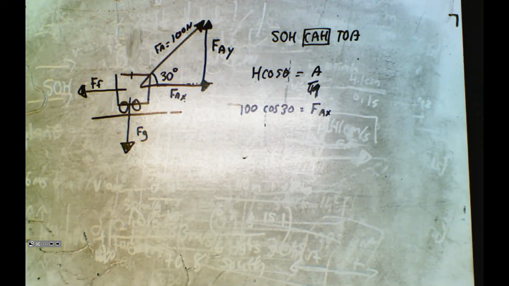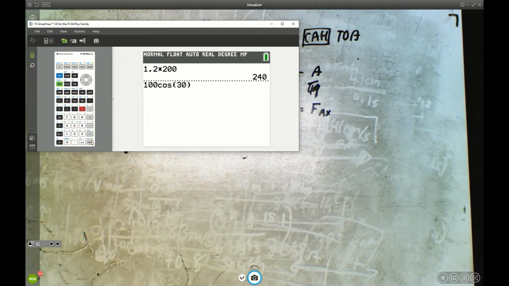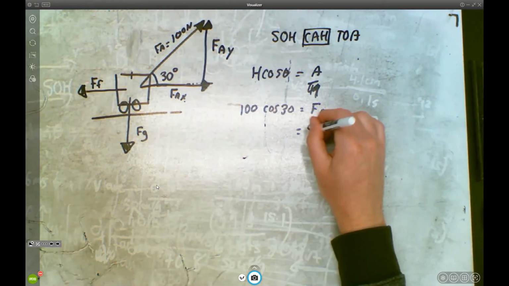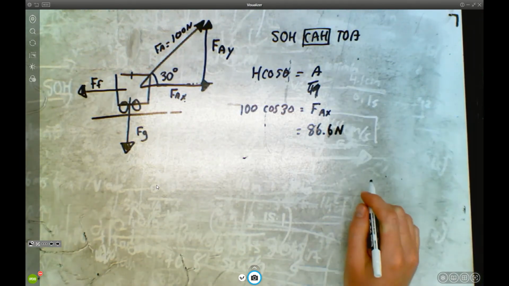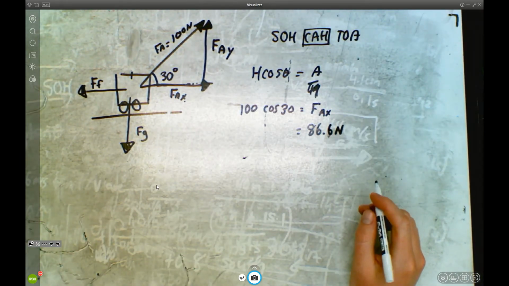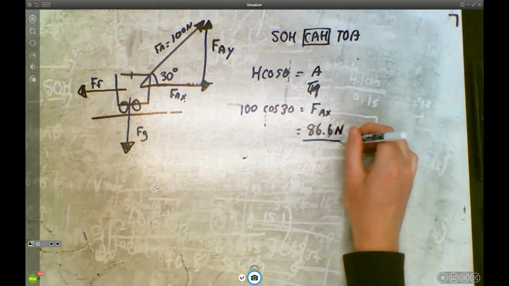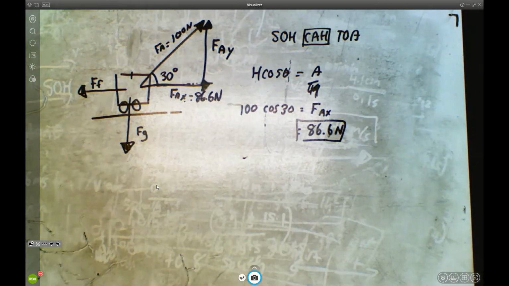And that's what I'm going to do: 100 cos 30, and I get 86.6. Okay, so not all of that 100 newton force goes into pulling it, so only 86.6 newtons actually goes into pulling it.